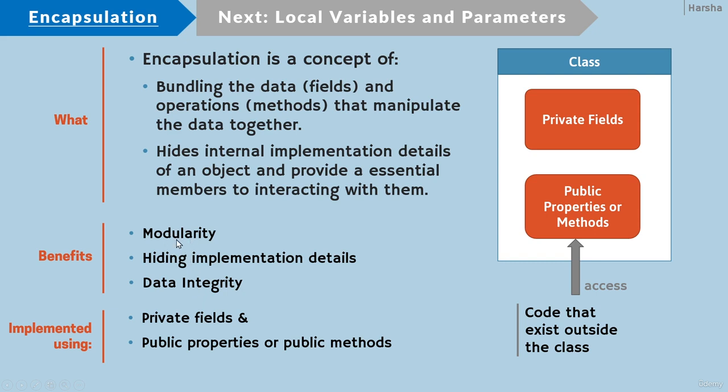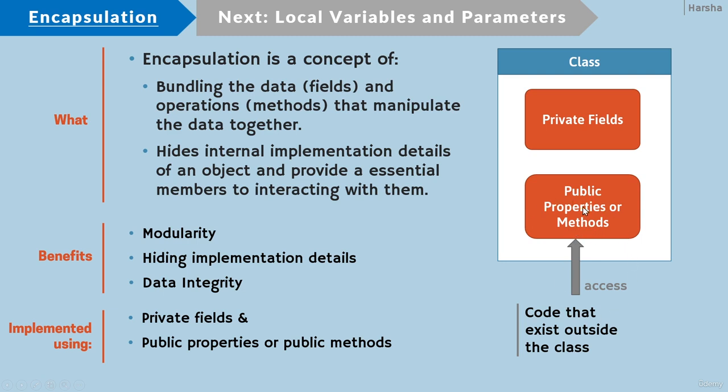And when you create an object, it will allocate memory for private fields also. So the point is, the code outside the class can access only the public fields and public methods, and cannot access the private fields and methods directly. But indirectly, the private fields and methods are accessible.